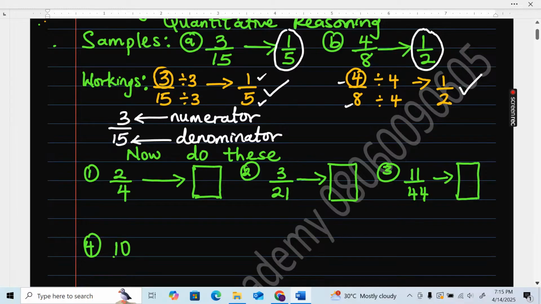Number 4, I have 10 over 50 with an arrow shown to the right. Make sure you show your workings. In quantitative reasoning, your workings. The next one, I have 4 over 12.